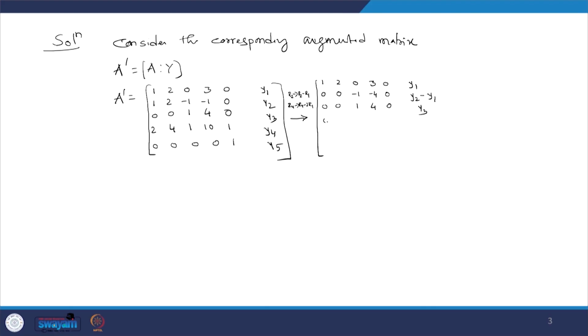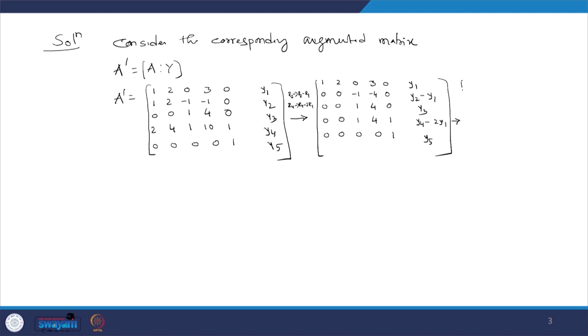The fourth one will be 0, 0, 1, 10 minus 6 which is 4, 1, y4 minus 2 times y1, and this one will remain as 1 and y5. So, this is the updated one, but I see that the 5 cross 5 part is not a row reduced echelon matrix. So, we need to apply further elementary row operations.